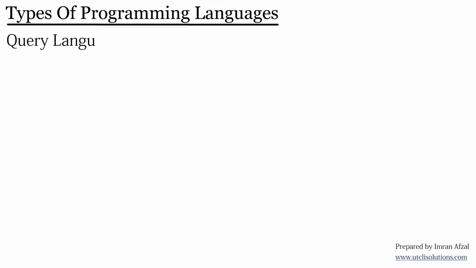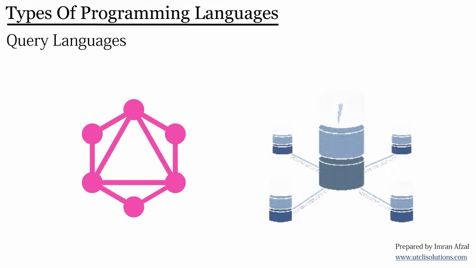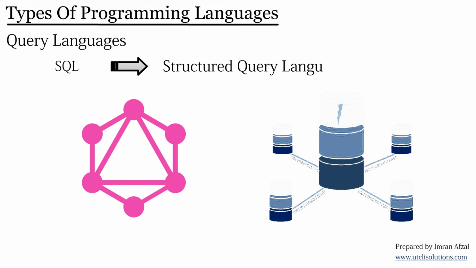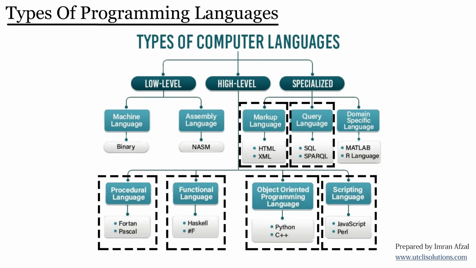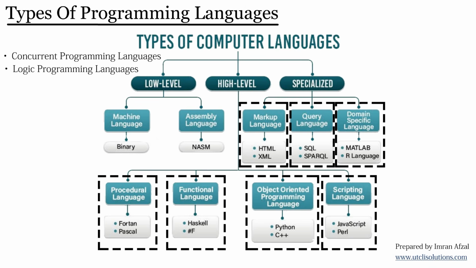These languages are designed specifically for querying and manipulating databases. SQL, which stands for Structured Query Language, is the most well-known example of such a language. And there are some other ones, for example, domain-specific language, concurrent programming language, and logic programming languages.